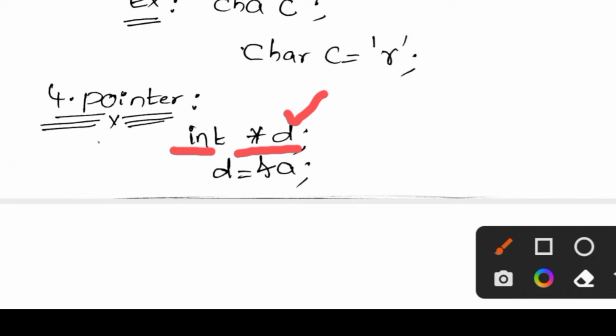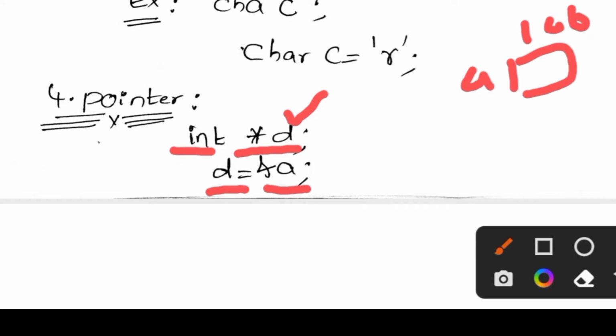If I want to assign the address to it, I have to write d equals ampersand a. For example, in memory a has some location, and that location value is 100. The value 5 is in it, so the address of a is 100. Here you can see d will hold the address of a.